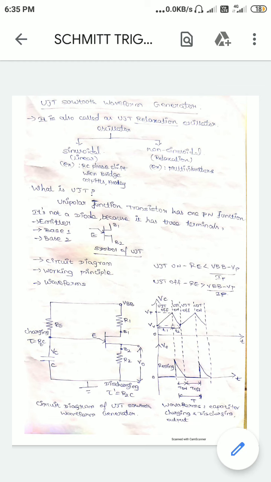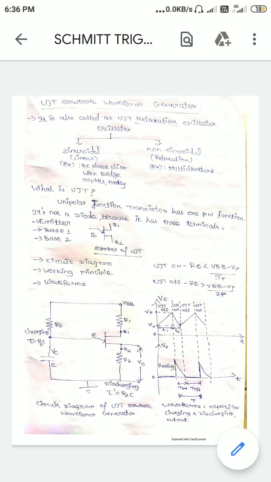Now we are going to see the operation of the circuit. When VBB is switched on, the capacitor C gets charged through the resistor RE. During the charging cycle, the time constant tau is equal to RE into C. When the capacitor voltage VC reaches the maximum value, that is the peak voltage, the capacitor starts discharging.